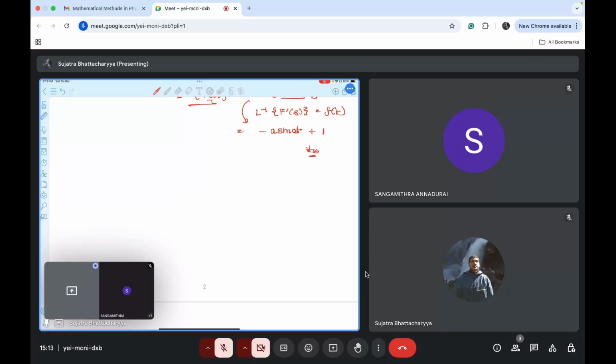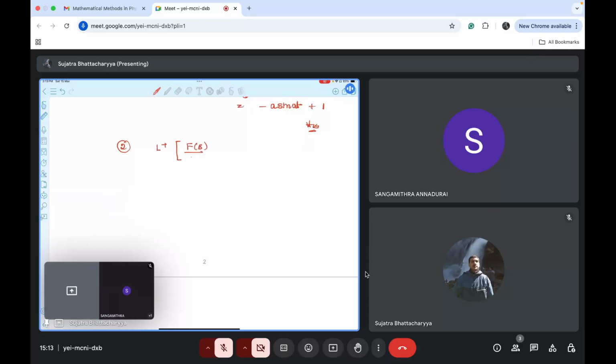The next one, let me see. Yeah. So the second property is property number 2, which I think I have written already. So this is F(s) by s. This will be the integral from 0 to t of L inverse F(s) dt, which is nothing but the integral of f(t) dt, since L inverse of F(s) is f(t).